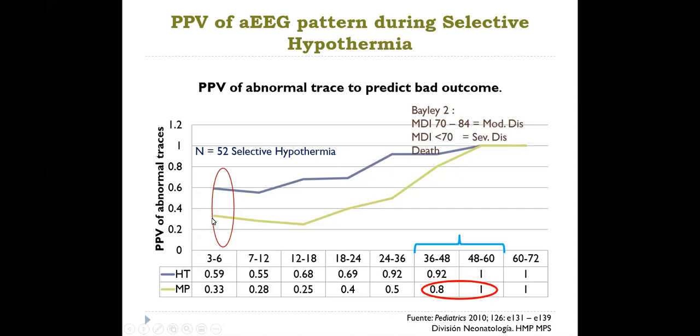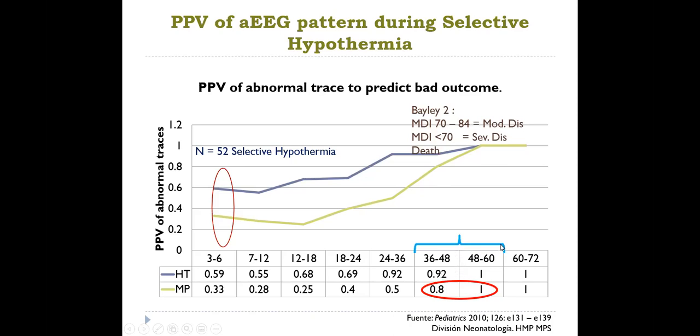But if the abnormal pattern persists across the time and it's abnormal pattern between 36 and 48 hours, the positive predictive value for a bad outcome in our protocol was 80%. For Sorensen, it was 92.